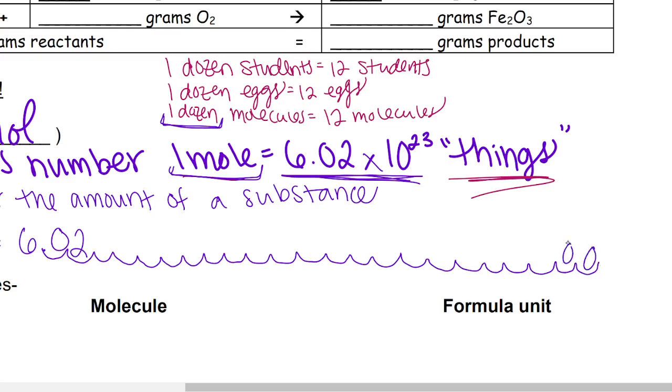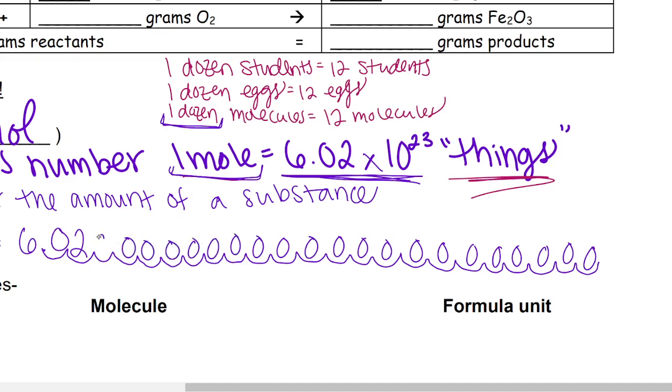And then in each of these little divots, give yourself a 0. And then I'm going to erase that just so it looks a little cleaner. And then the decimal's gone there.